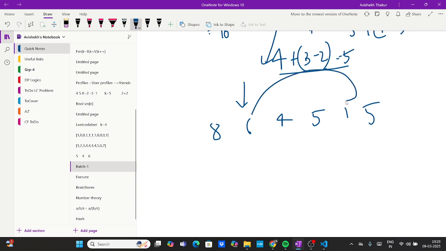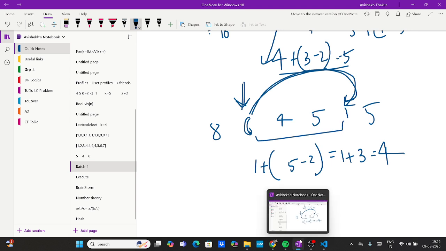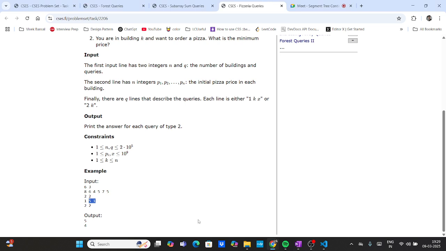If I bring it from here, what's the answer? 1 plus 5 minus, can I say it's 4? If I am standing at this building and bring a pizza from here, the answer is 1 plus, that is 7, bro. Where is 7?